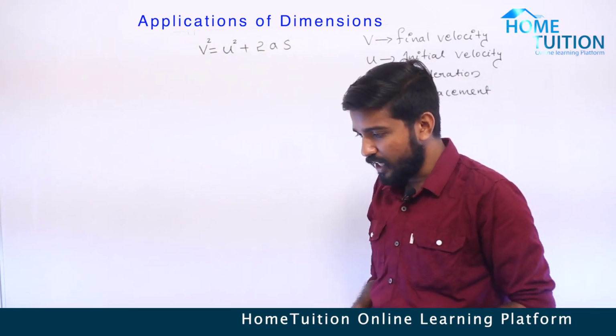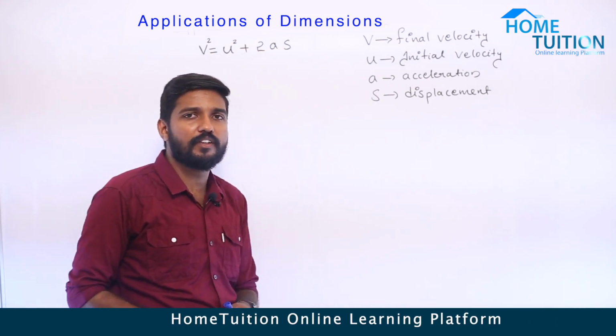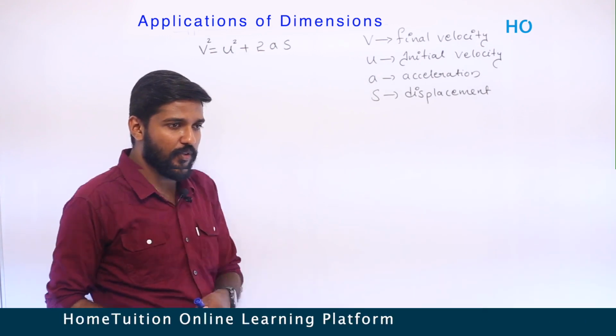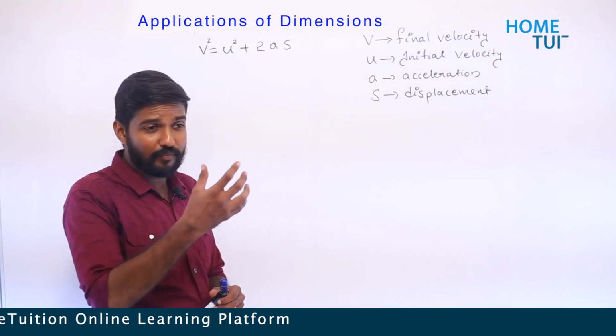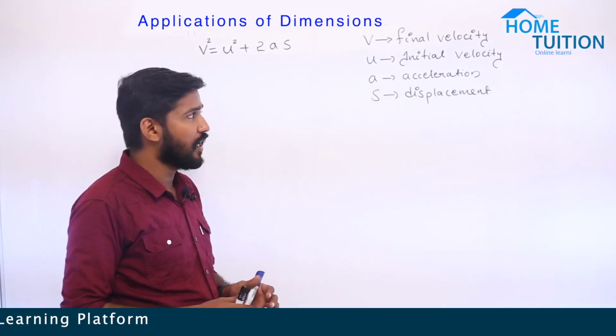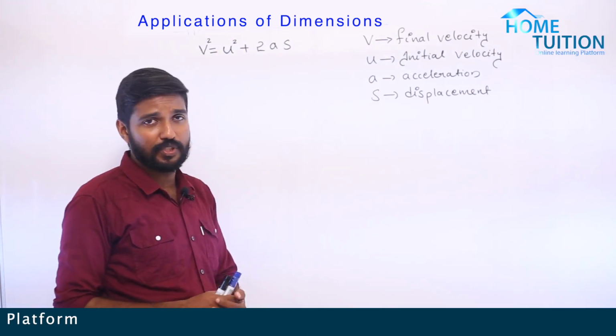Listen. We have to check the correctness of this equation. For that purpose, take each of the terms. The first term is v square. What is v? v is final velocity.